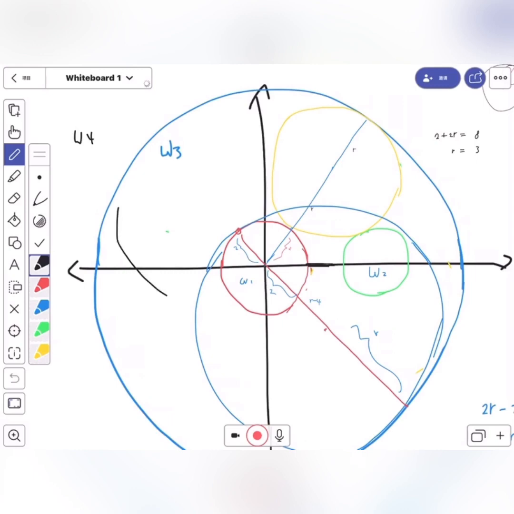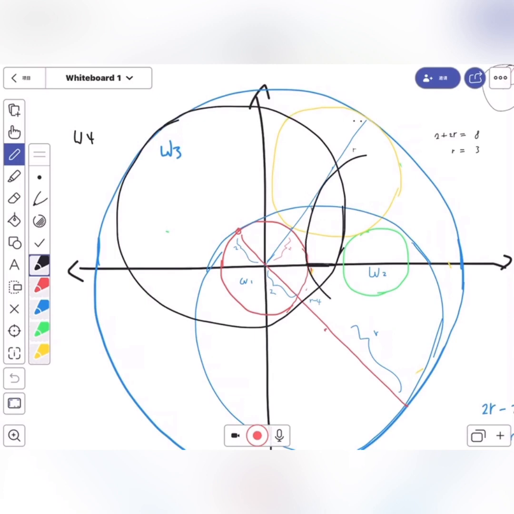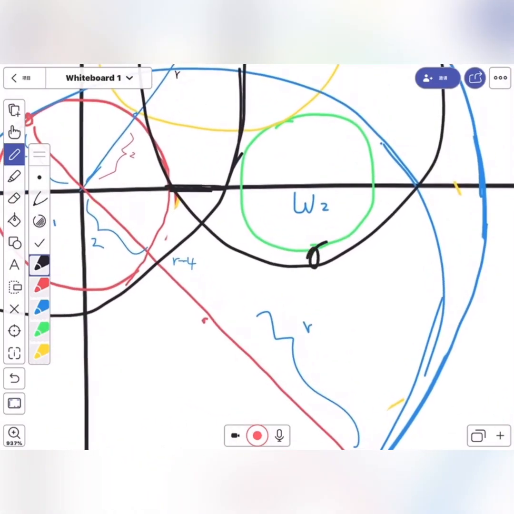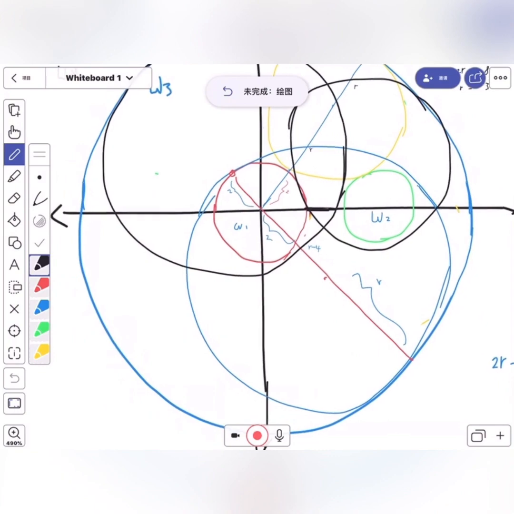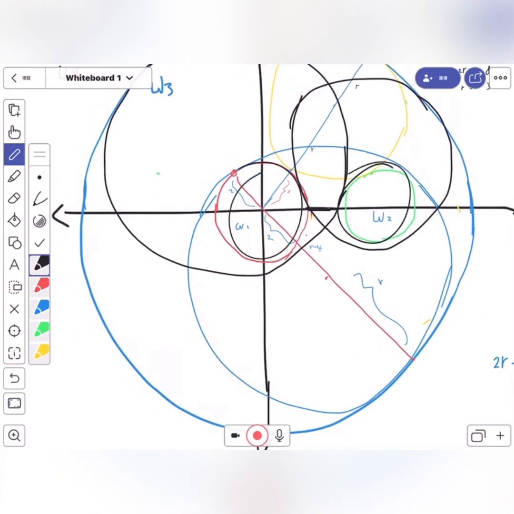So this such circle will just be looking something like this. And in the same fashion, we can also have some circle that looks something like this. Sorry if there's a space here, but you get the idea that it's externally tangent to this and internally tangent to this.